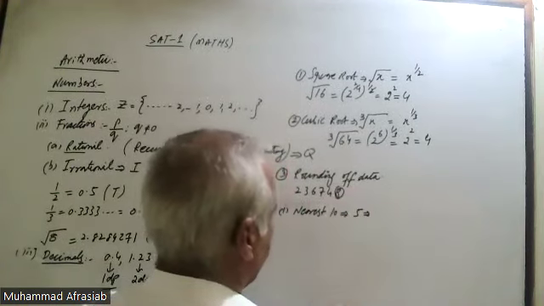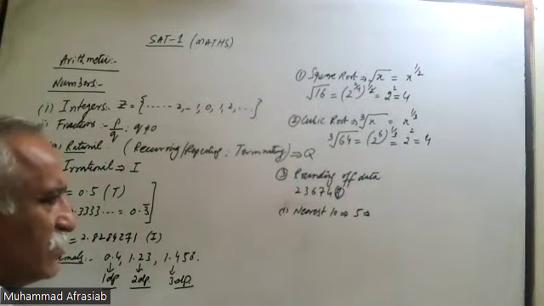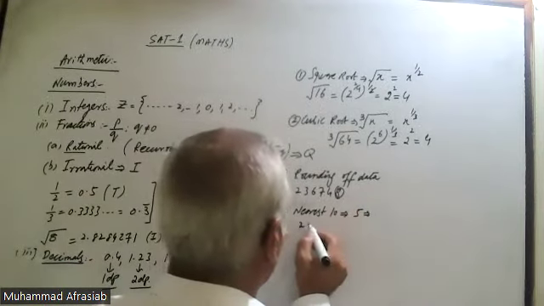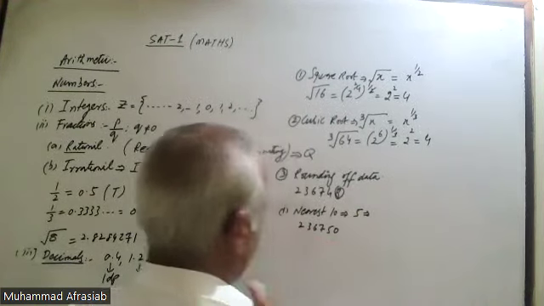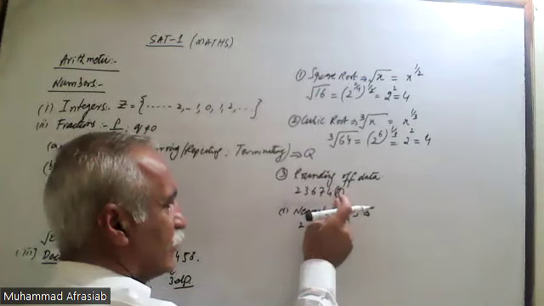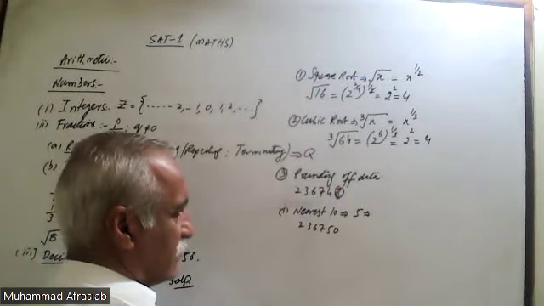If it is more than or equal to 5, then you will add 1 to the preceding number. Otherwise, you will ignore it. So this number will become 236,750, because 8 is more than 5. So you add 1 to the preceding number, which is 4.